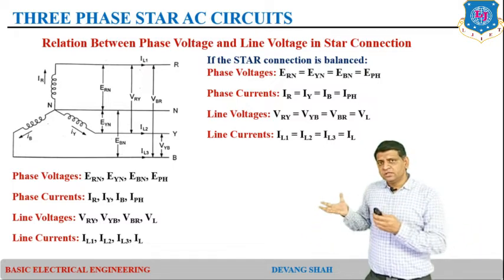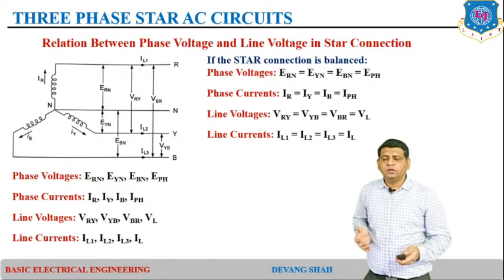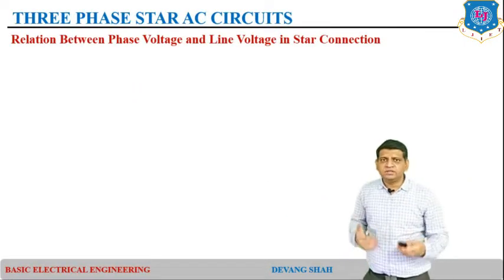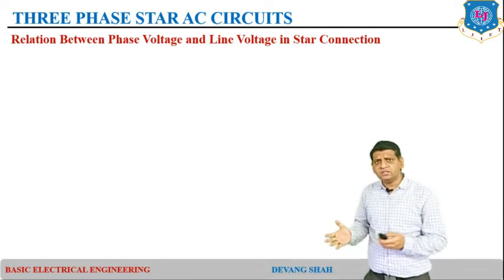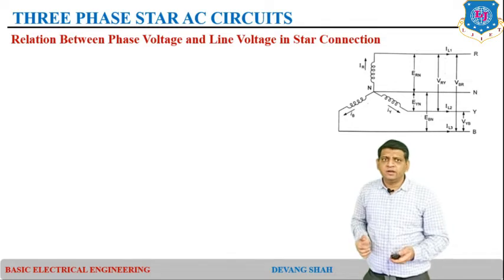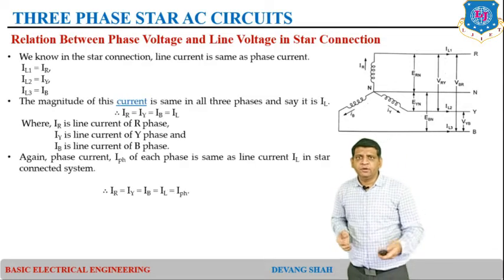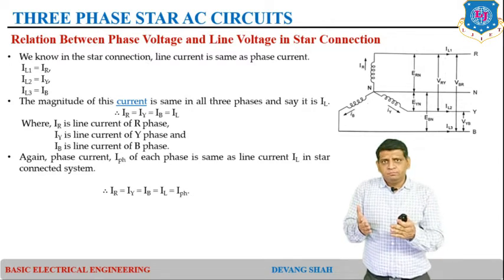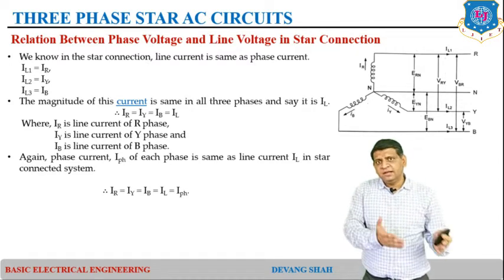Now using this phenomenon, let us find the relation of voltages and currents, the phase voltages versus line voltages and the phase current versus line current. This is the same circuit, and in this particular circuit we first find the relation of phase current versus line current, right.